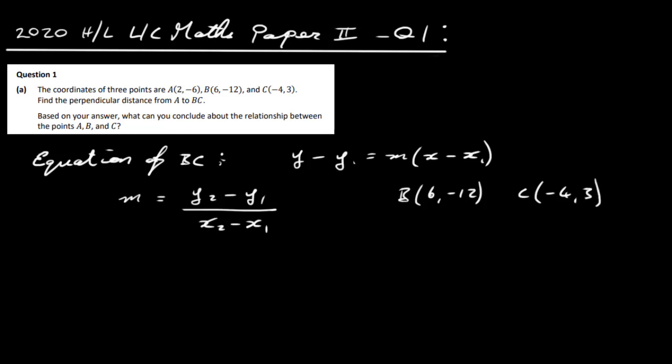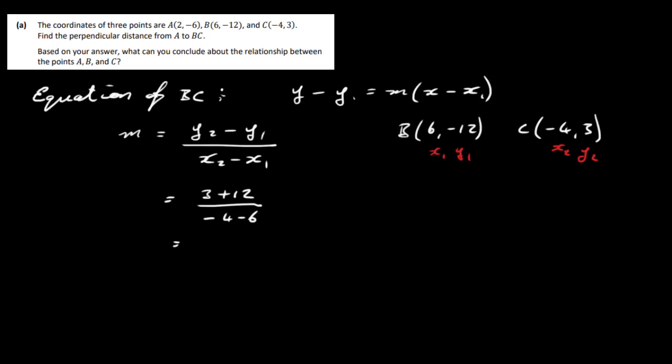So we'll just identify these as x1, y1, x2, y2, and we'll stick them into this formula here. So we have 3 minus minus 12, so that's going to be 3 plus 12. That's going to be over x2 minus x1, so that's going to be minus 4 minus 6. So that's going to be 3 plus 12, 15, and on the bottom then we've minus 4 minus 6, which is minus 10. So that'll simplify to minus 3 over 2.